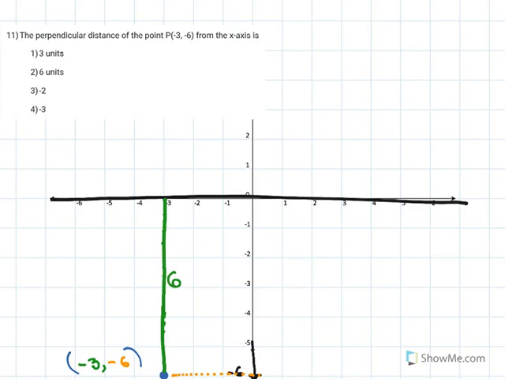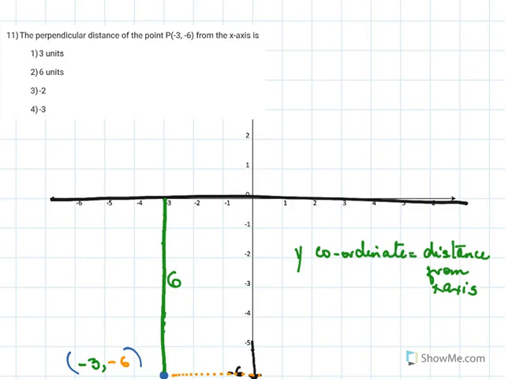So 6 is its y-coordinate. You don't take it minus 6 because distance is never negative. The y-coordinate gives distance from the x-axis, which in this case is 6.